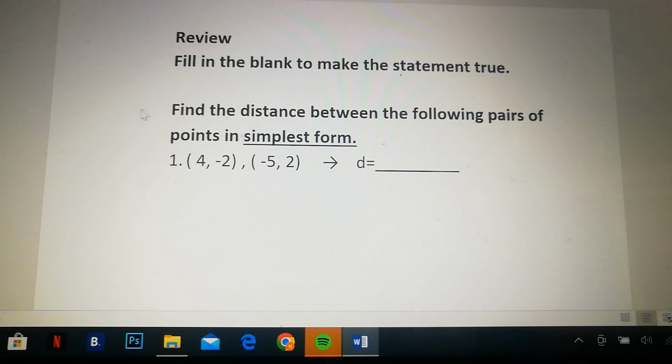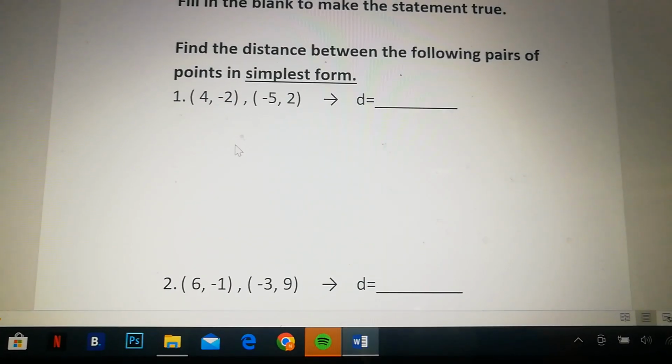Okay, so the first part of your quiz is fill in the blanks. Next is find the distance between the following pairs of points in simplest form. So, remember it's in simplest form.